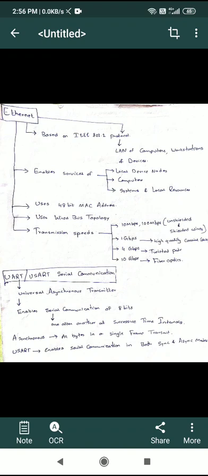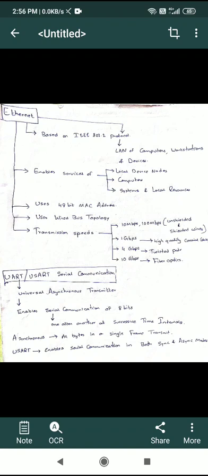Mainly UART performs serial communication, meaning 8 bits one after another at successive intervals of time. USART provides serial communication in both synchronous mode and asynchronous mode.